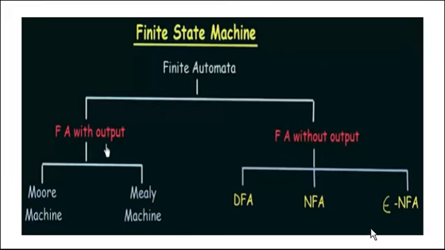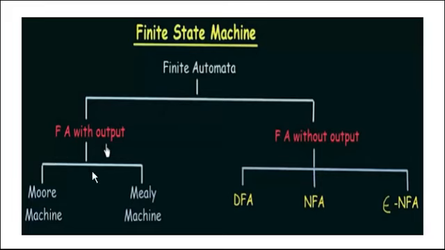From the name you can make it out: the finite automata can make transitions even on epsilon inputs. So this is about FA without output. Here we have seen that there is no output generated, but there is only an accepting state or final state.